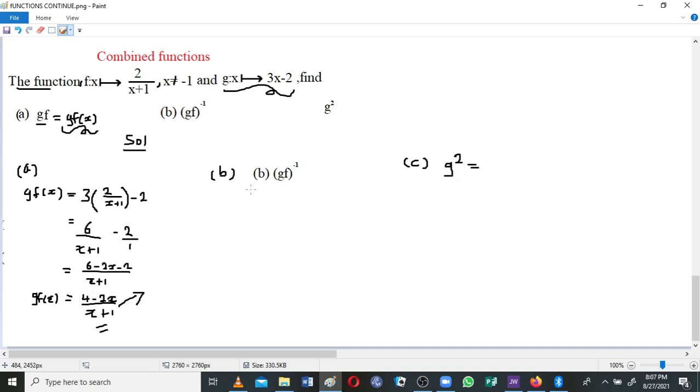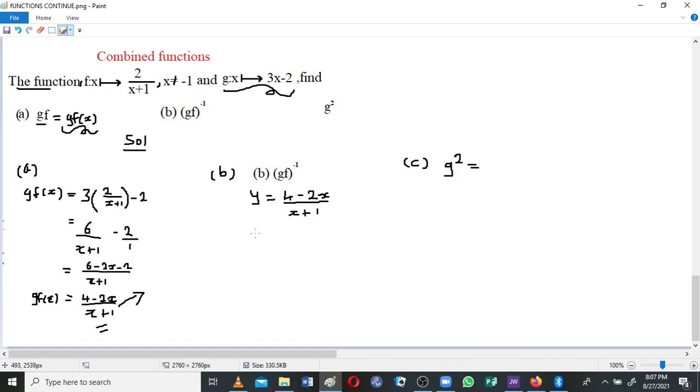Not different from what we were doing under composition of functions. We let y be equal to the combined function, which is 4 minus 2x over x plus 1.